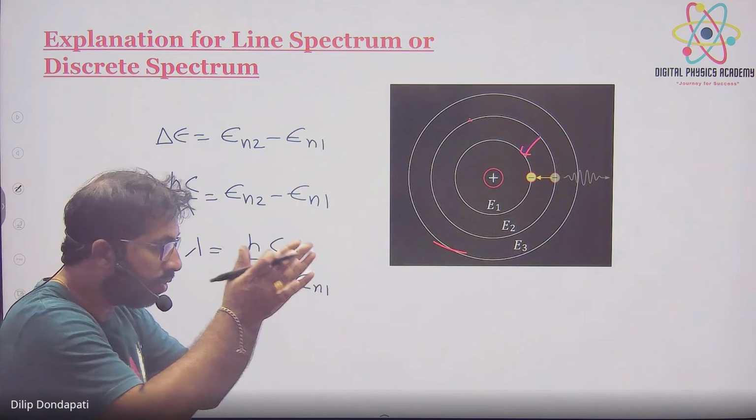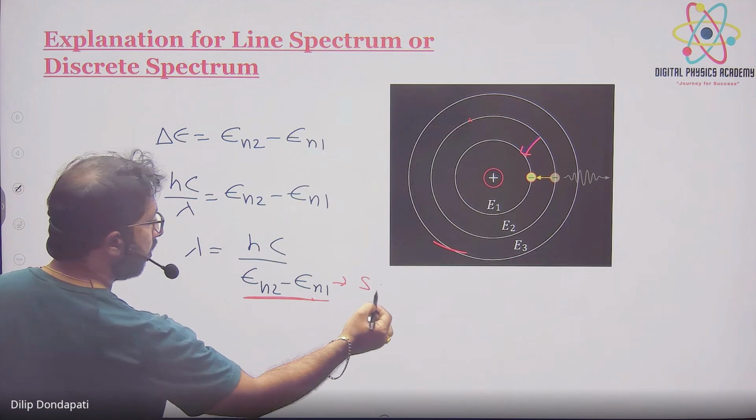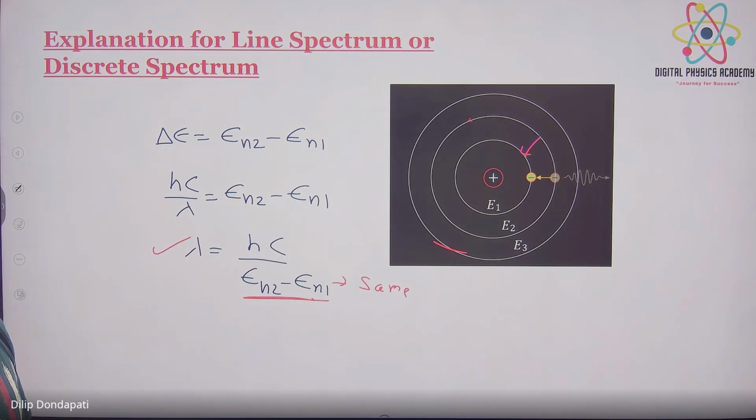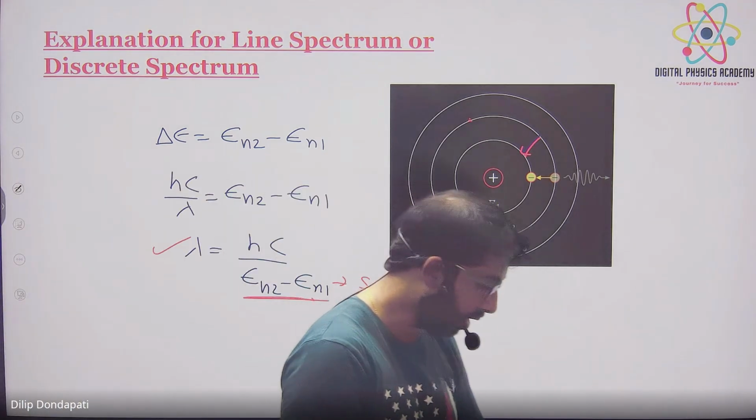So only particular wavelengths will be coming because difference of energy level is same. Therefore, lambda is same. That is called emission spectrum. This type को आप line spectrum भी बोलते हैं और discrete spectrum भी बोलते हैं.